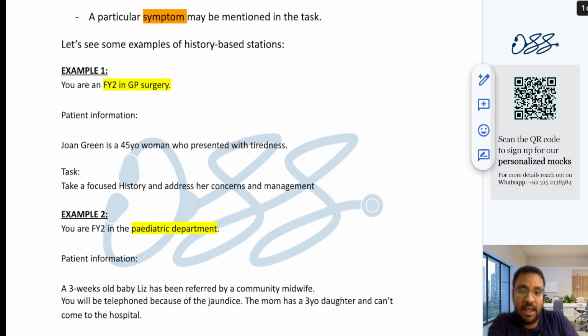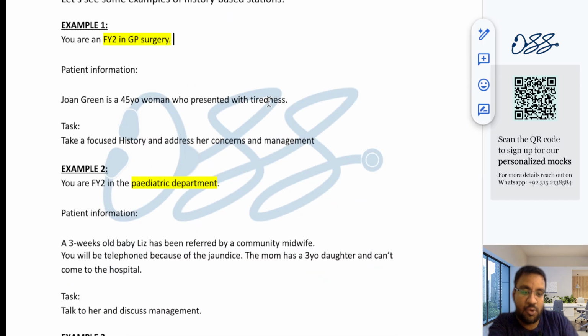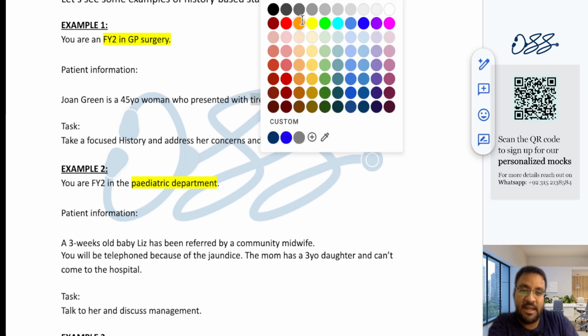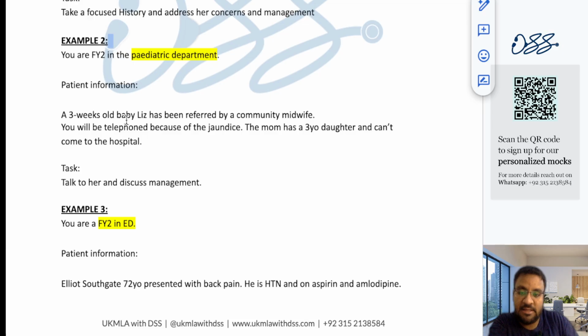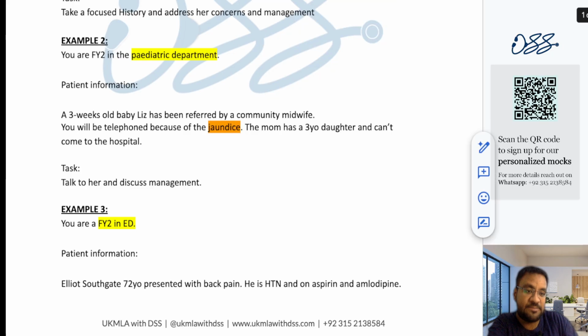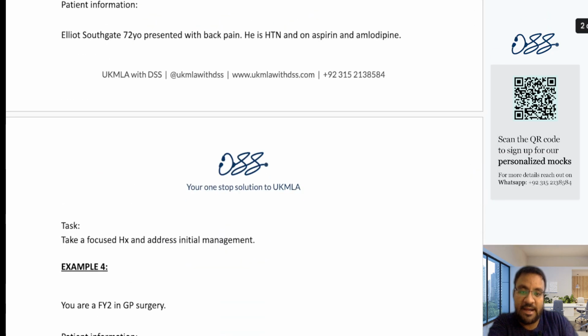And I'll very quickly go through the examples. For example, in this case, you can see that tiredness is a symptom that is mentioned. Then in the next case, you can see that jaundice is a symptom that is mentioned. So automatically it should get into your head that you need to explore jaundice, you need to explore tiredness.